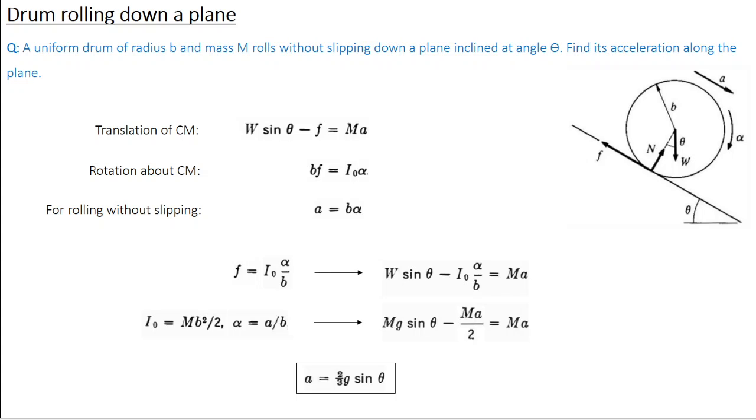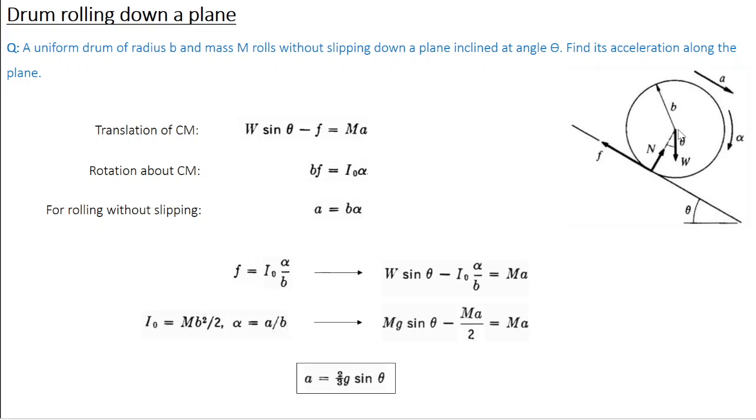Okay. Now let's write down the equations of motion. First, let's consider the translational motion, translation of the center of mass. Since W is at an angle theta, I can resolve it into a parallel component and a perpendicular component. Since we are talking about translation motion along the plane, we need to consider only the parallel component, which is W sine theta.